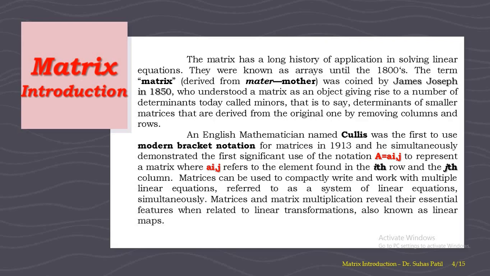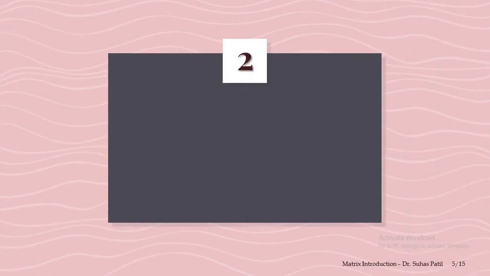The matrix can be used to completely write and work with multiple linear equations, referred to as a system of linear equations, simultaneously. Matrices and matrix multiplication reveal their essential features when related to linear transformations, also known as linear maps.